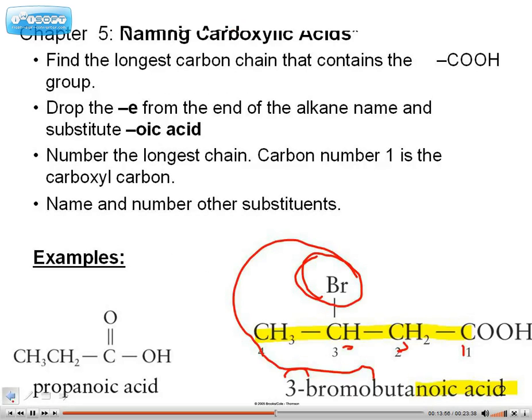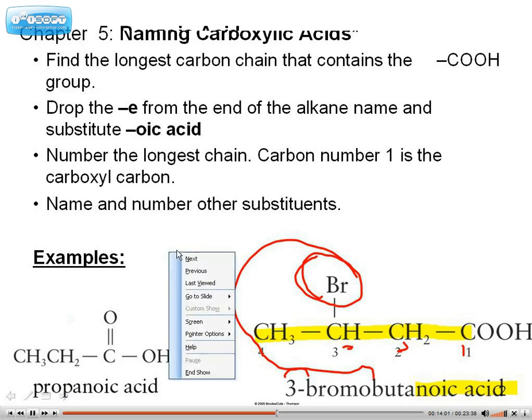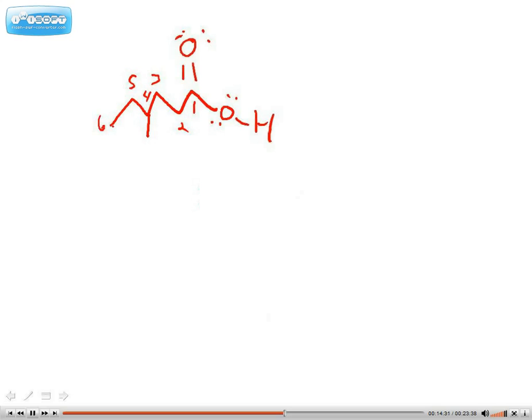So let me go ahead and do 2 more, and then we'll move on. Let me give you some line angle structures. In this case, carbon 1, 2, 3, carbon 4, carbon 5, carbon 6.